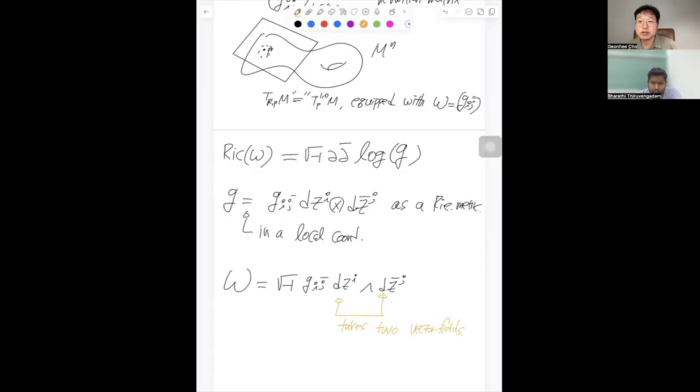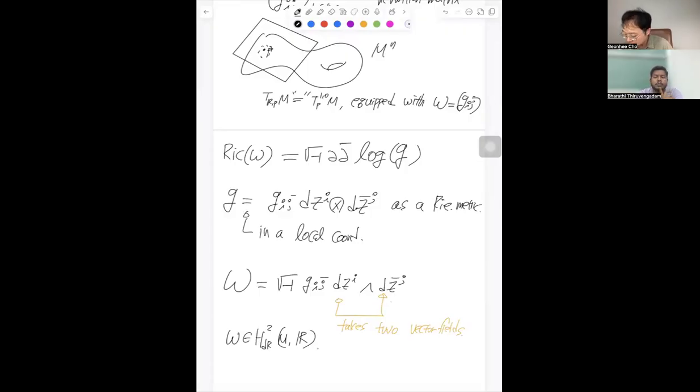So this is a differential two-form. And the Kähler condition guarantees that this belongs to the second de Rham cohomology class. In this case, let's simply assume this is in R, because this is just real.